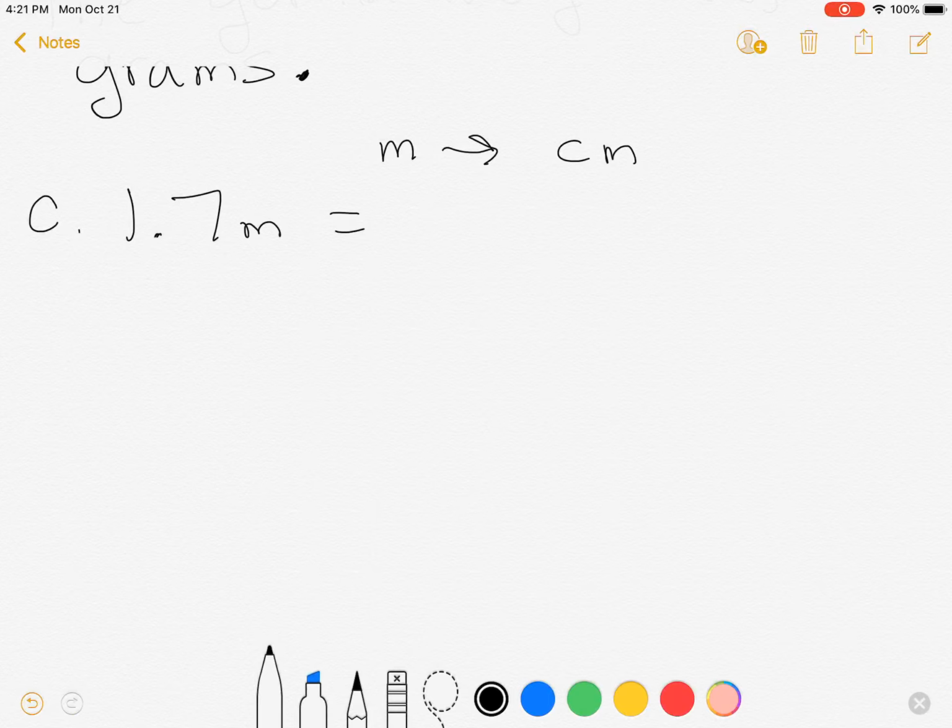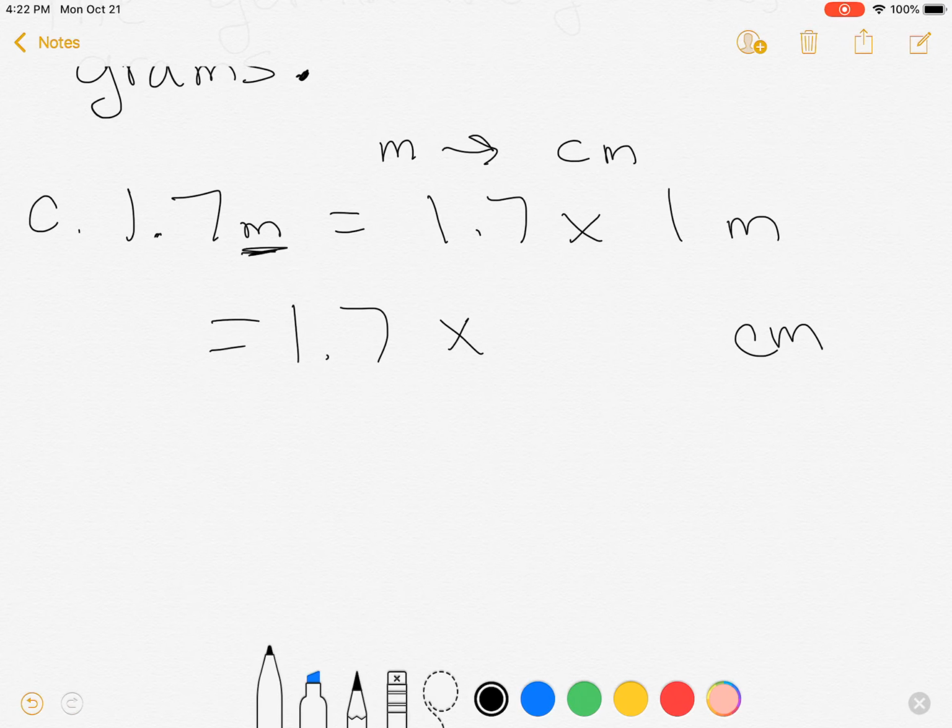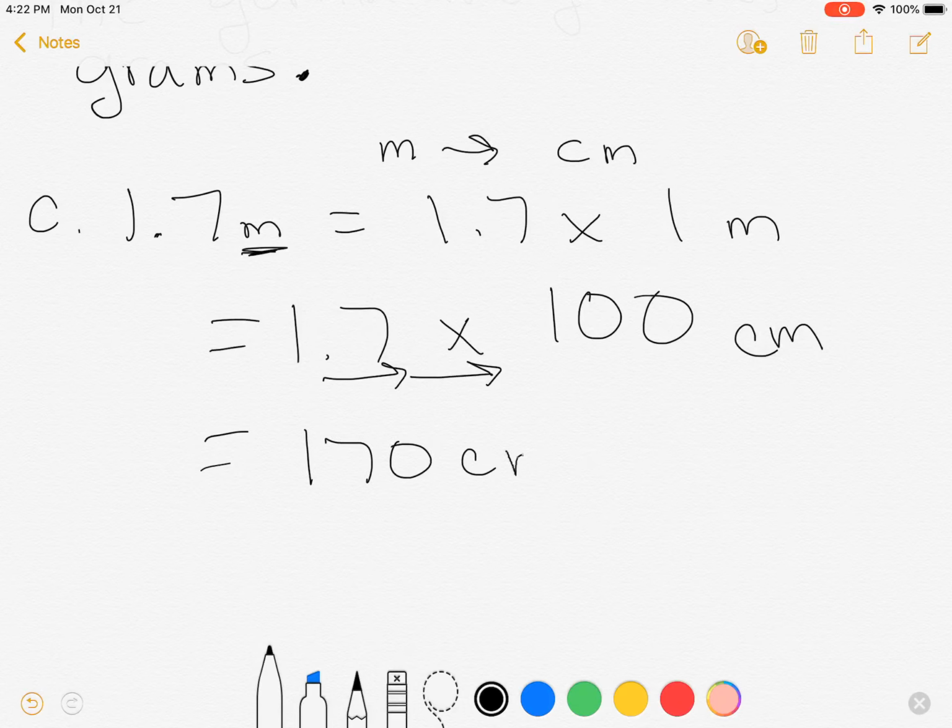So 1 and 7 tenths times 1 meter. We got to get that separated first. Now we are converting. How many centimeters are in 1 meter? 100. So to multiply, we're going to move that decimal 2 places over. So it's 170 centimeters.